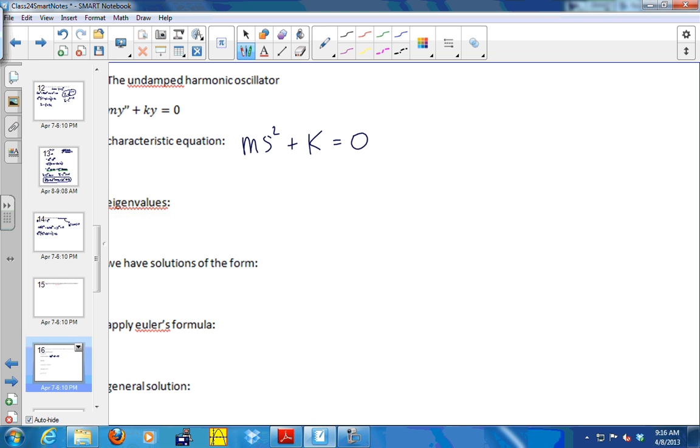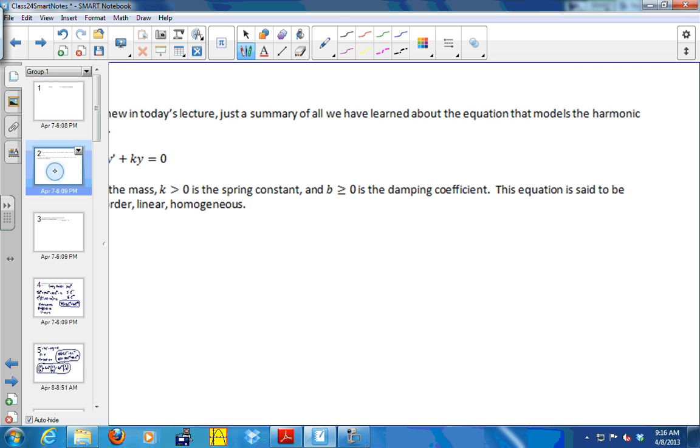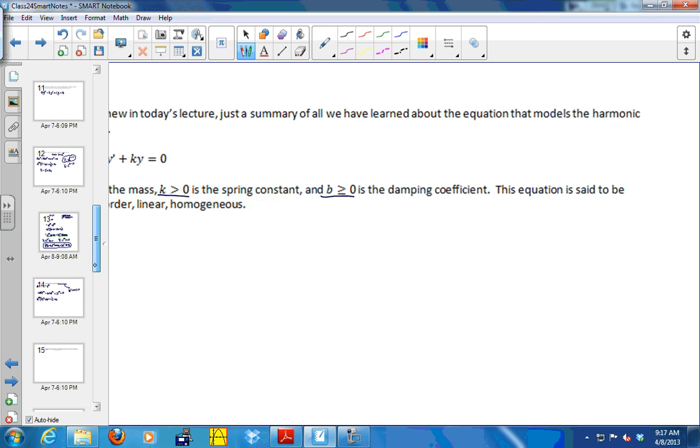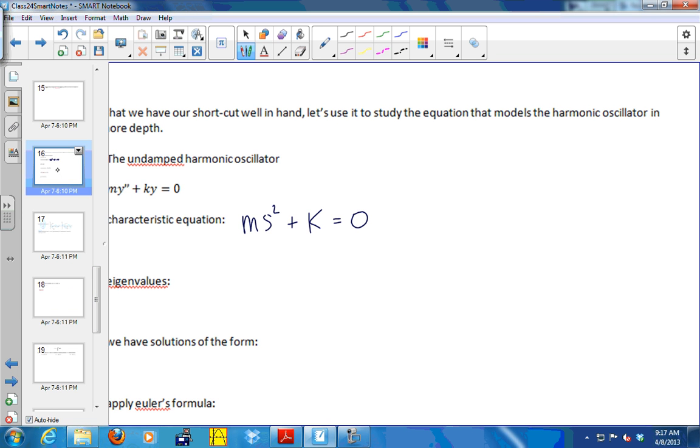Let me go back to the first slide for a second. m is always positive and k is always positive. Mass is always a positive amount and the spring constant is measured as a positive value. And b is either 0 or positive. So our coefficients are always positive. So come back here.